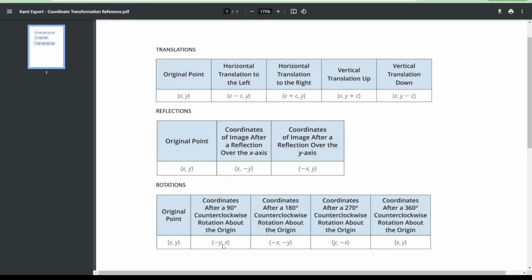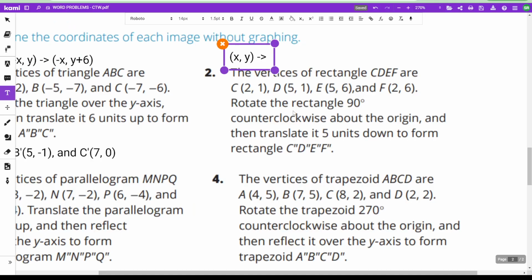If you remember, that means we're going to flip the coordinates, and we're going to make the original y negative. Okay, so we're going to flip them, make the original y negative. Okay, and now this is our new x coordinate. This is our new y coordinate.